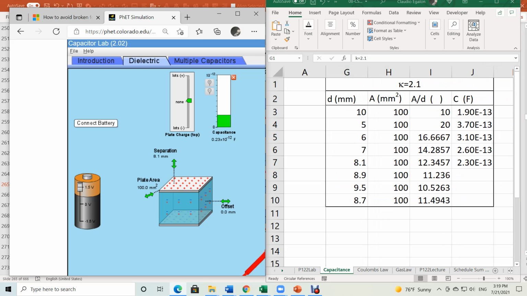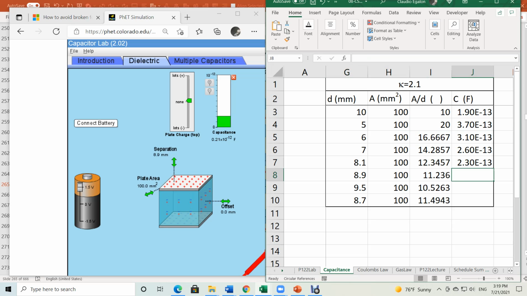8.1. Next, 8.9. Whoa, yep. 0.21 times 10 to minus 12. Here you go. Next, 9.5.